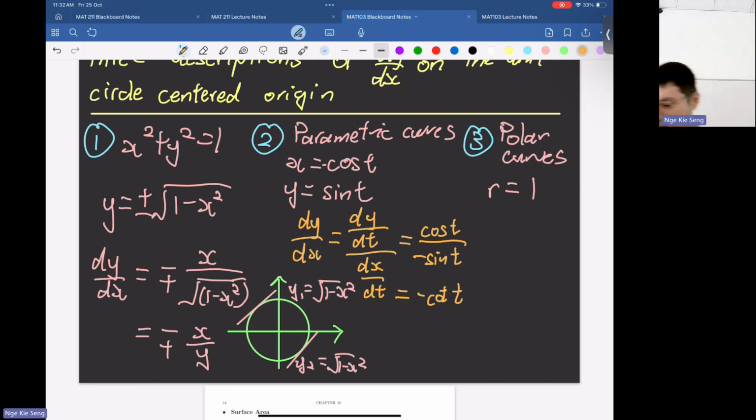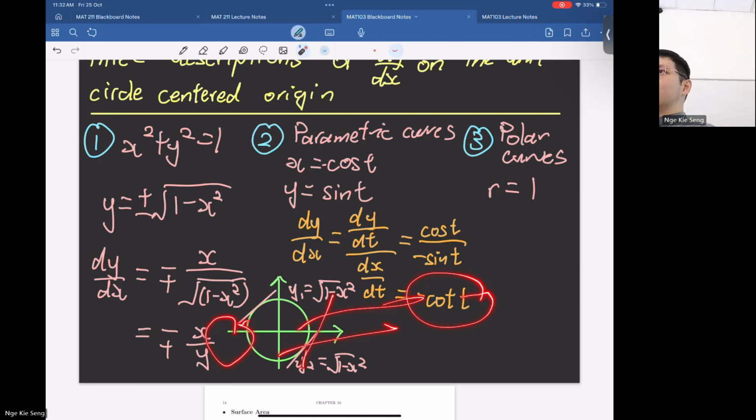Are they the same? The question is, are they the same or not? You used one way to compute negative x over y, and you used another way to compute negative cotangent t. Are they the same? Why are they the same? One is trig, one is xy.